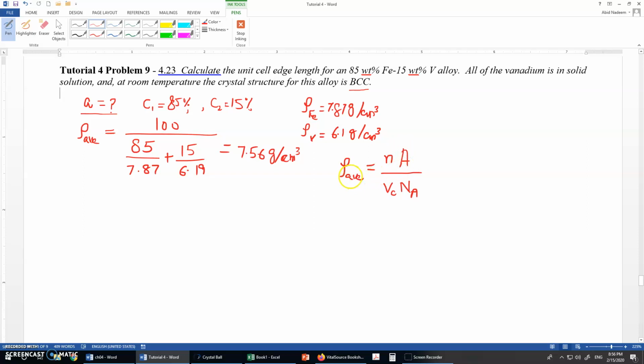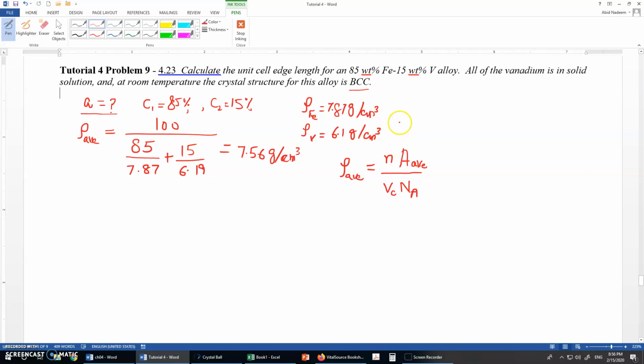If we are taking the average density, we can take the average atomic weight as well, and n is the number of atoms in BCC.